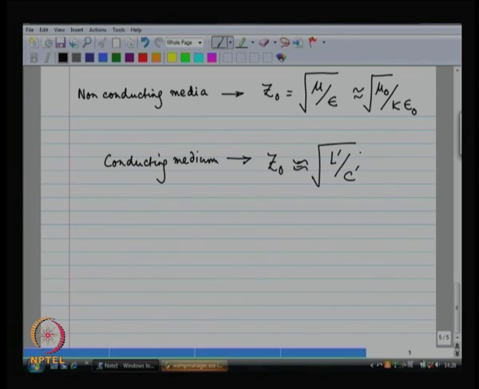So, I am talking now about a wire, and it is something like this.